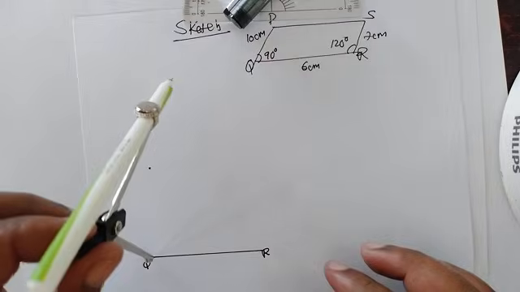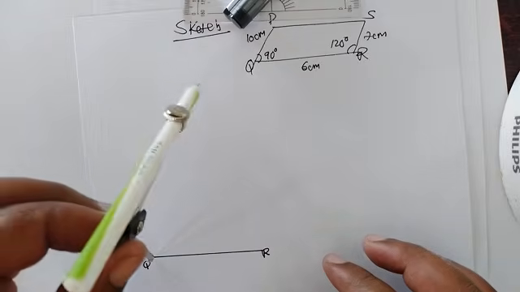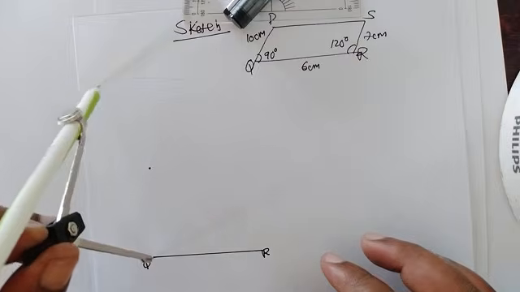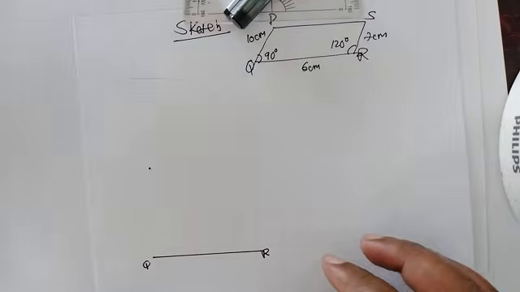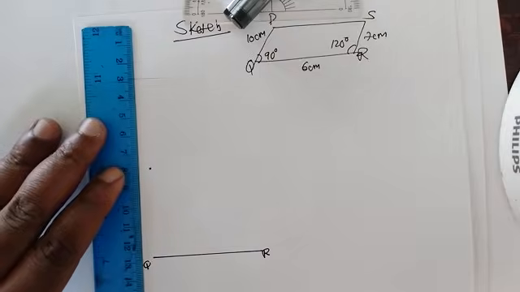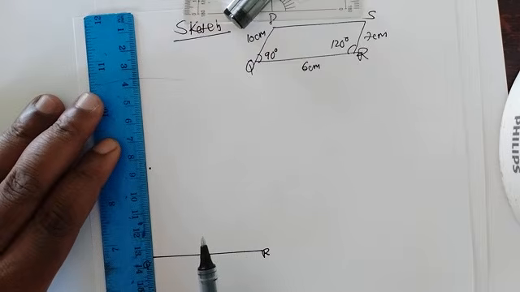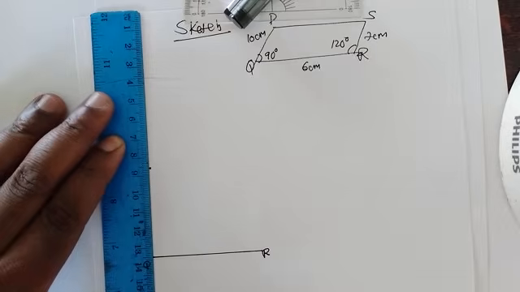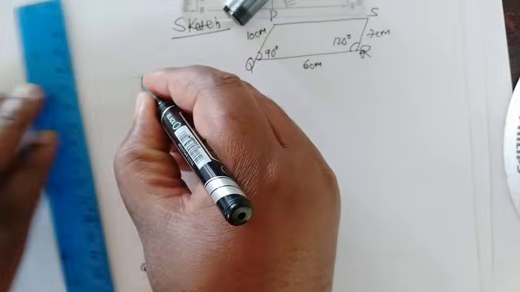Okay, so you can, okay, this is the arc. So you can realign this point to the arc. Okay, so it means it has to be at 90 degrees but up to the arc.